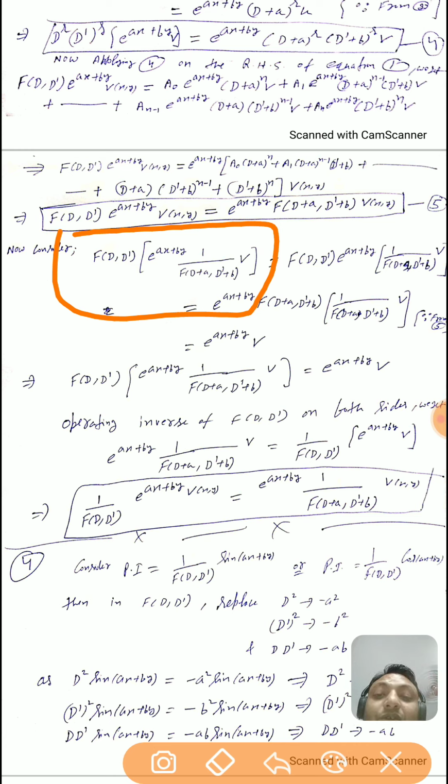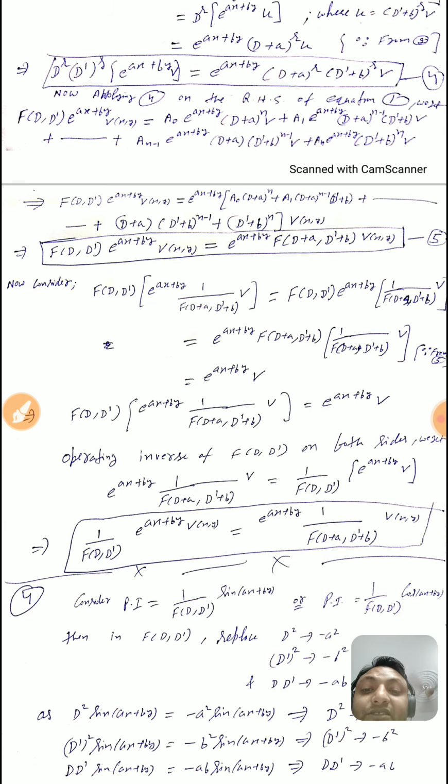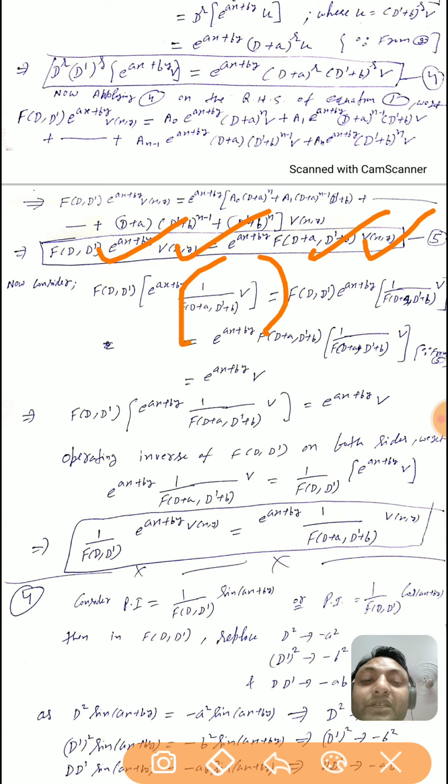When we solve this left hand side, it can be written as, obviously, f of D, D dash, and e power ax plus by in brackets.